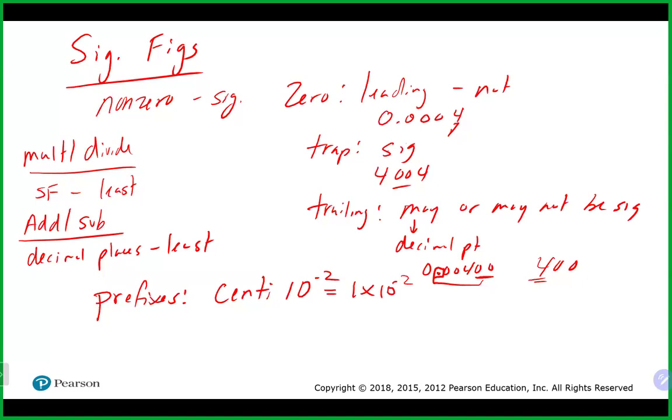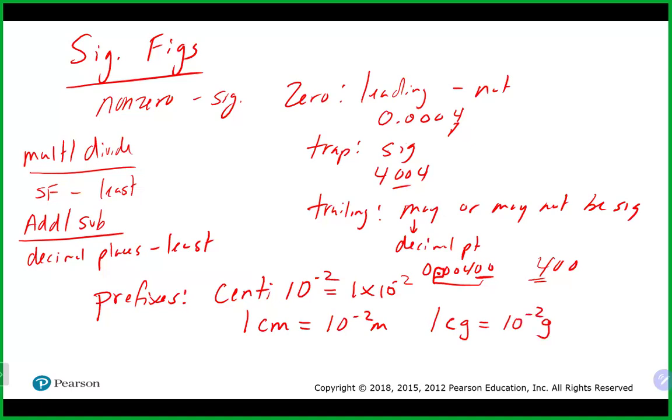The way you want to use this is, when you see that 10 to the minus 2, say 10 to the 3 for kilo or whatever it may be, that's how much there is in the base unit to one of the prefix units. So a prefix unit like a centimeter would have 10 to the minus 2 of the base unit, which is meters. It works the same way for any unit: 1 centigram would be 10 to the minus 2 grams of the base unit.